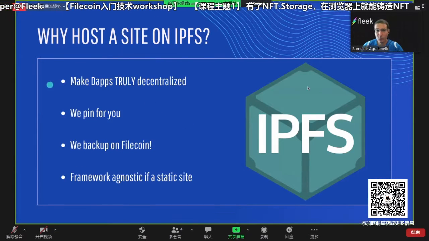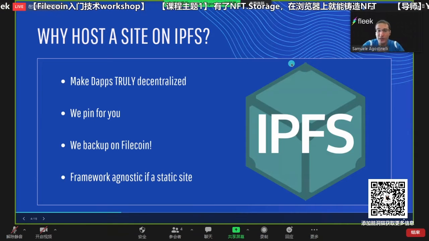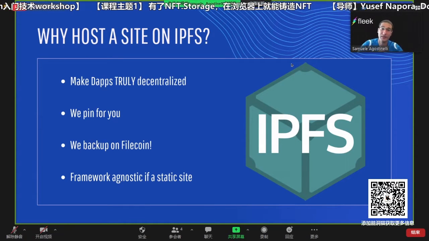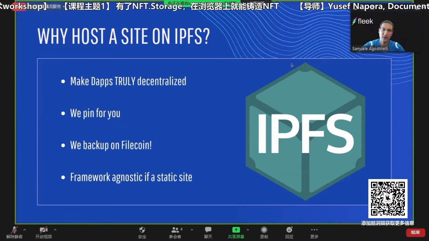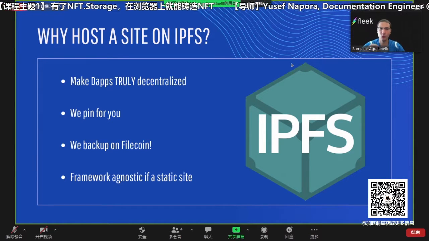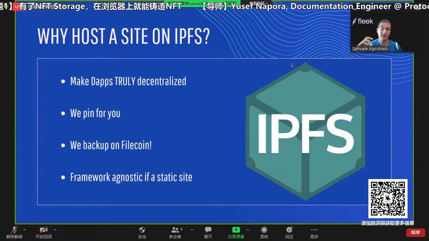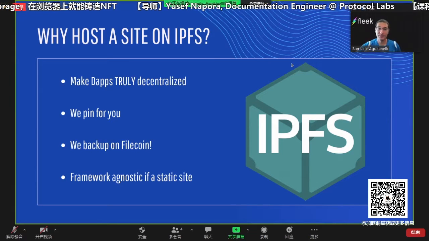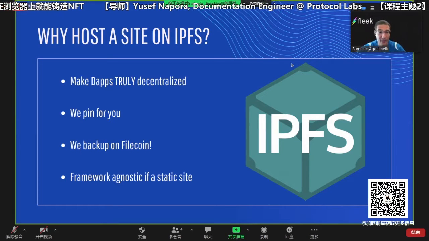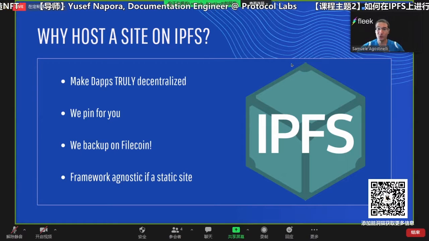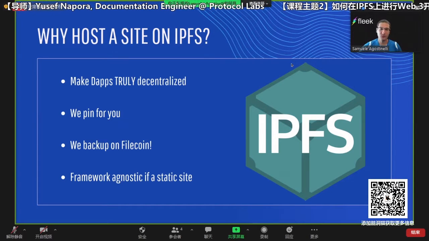So why would you want to do this? Well, if you're going to do an NFT application, then obviously you care a lot about decentralization. And if you care about decentralization, then it makes sense that you would want your site, your front end that your customers are going to access, to also be decentralized. And that's where IPFS comes in. The IPFS protocol allows you to decentralize your app.